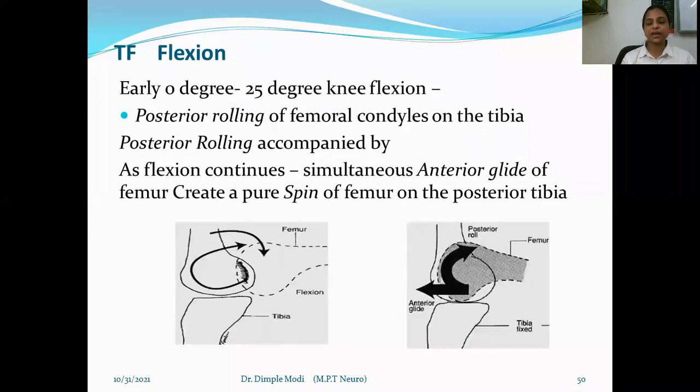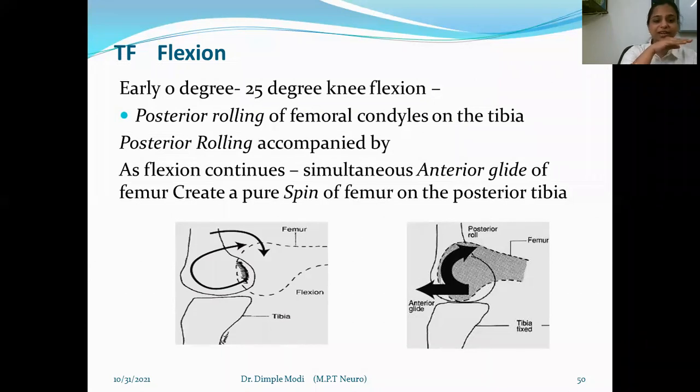So now let's discuss how flexion occurs at the tibiofemoral joint. What is the mechanism involved when there is flexion at the knee joint? First of all, let's revise a few points, then you will be able to imagine how flexion occurs.